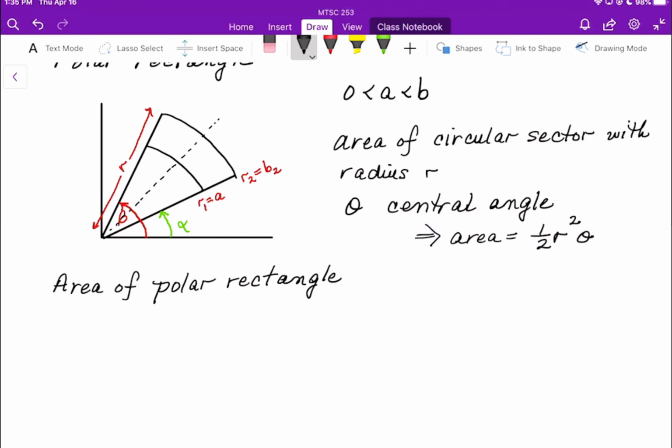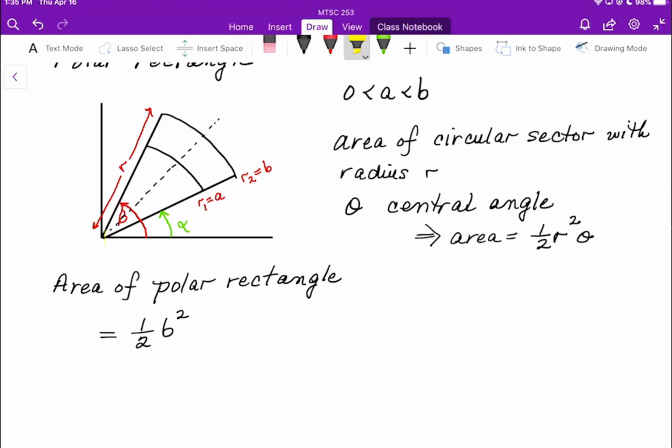So the area of the polar rectangle: we're going to take the area of the big piece. The area of the big piece is going to be 1/2. The radius is B, because we're already out. So we go all the way out here.